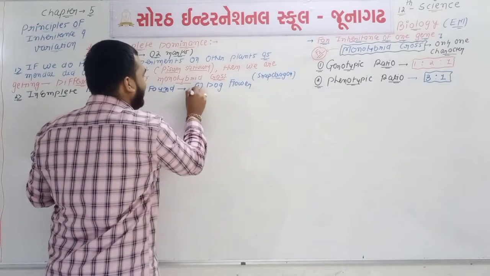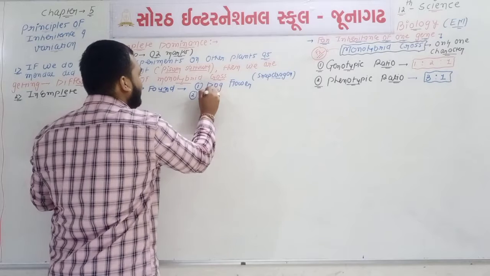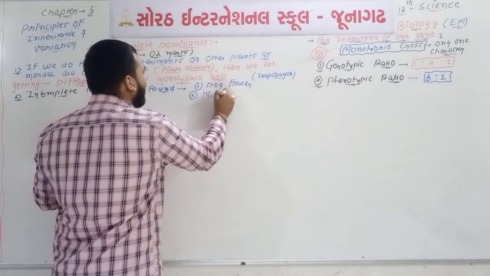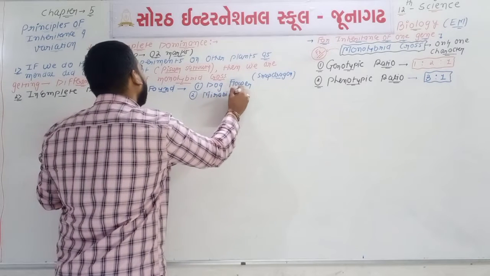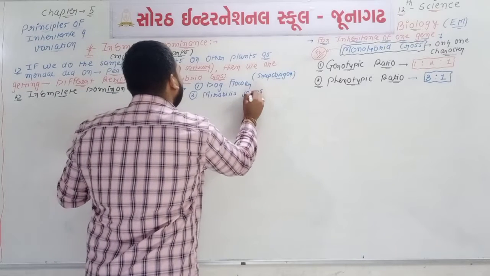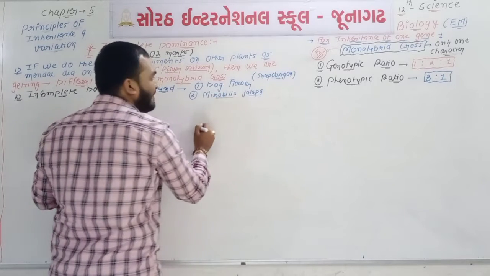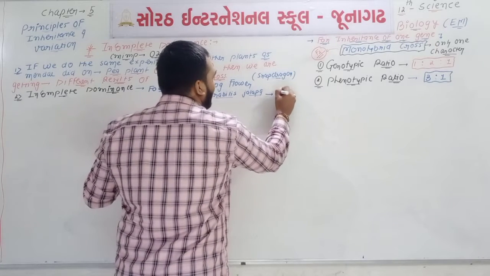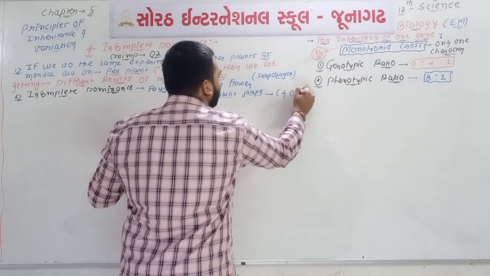And the second one, the scientific name of gulbas is Mirabilis jalapa, which is known as the 4 o'clock plant.